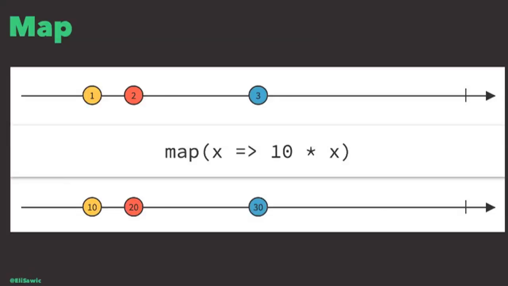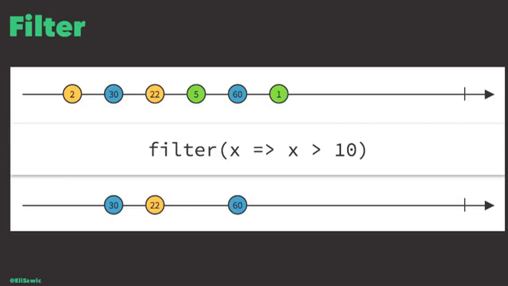On the other hand, we have this filter function that we have seen before in arrays. And what it does is we specify what values we are actually interested in. In this filter operation, we specify the result that we actually want to get on this second stream.